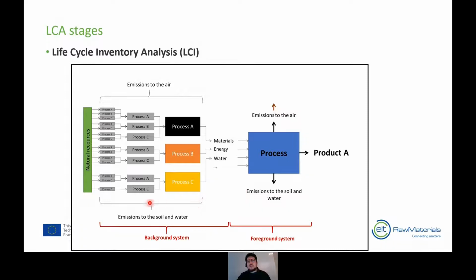But we can also have other information that is really relevant, for example, what it takes to produce this material, this electricity, and this water that we needed in the process. This is another type of impacts, called the background system, and for sure we need to take it into account as well. If we consider this, it will be the cradle to gate approach.